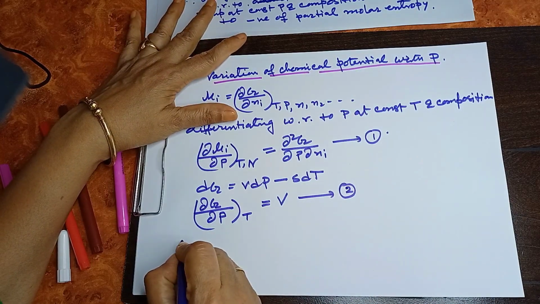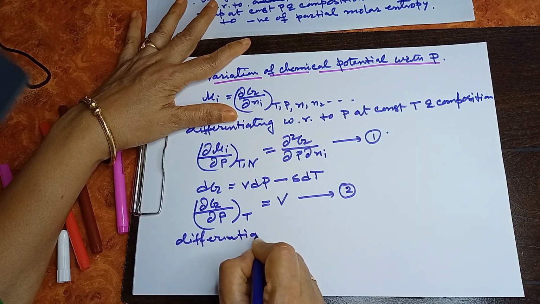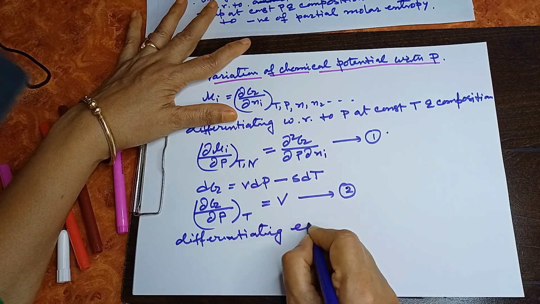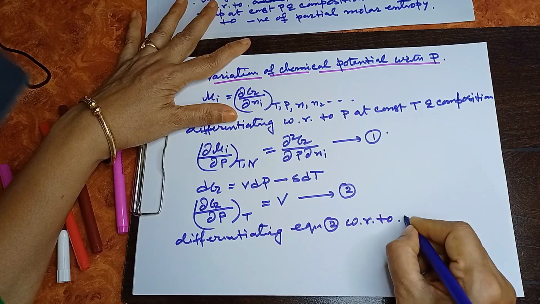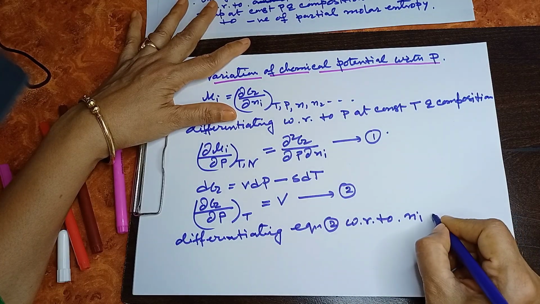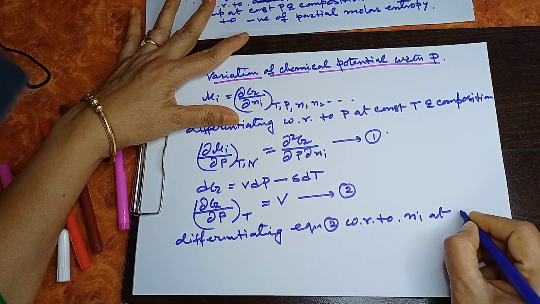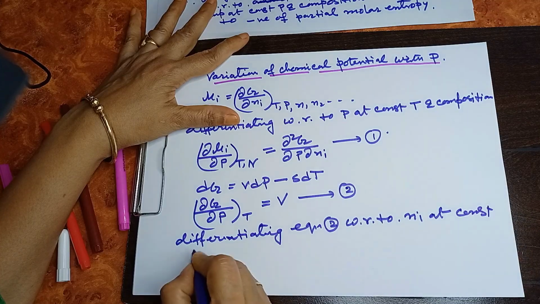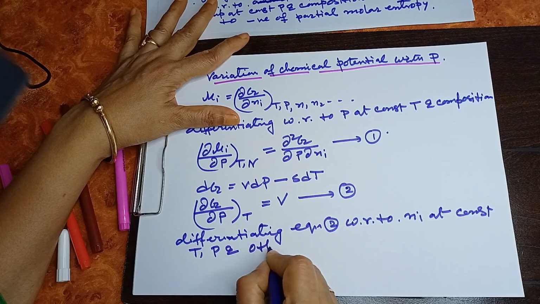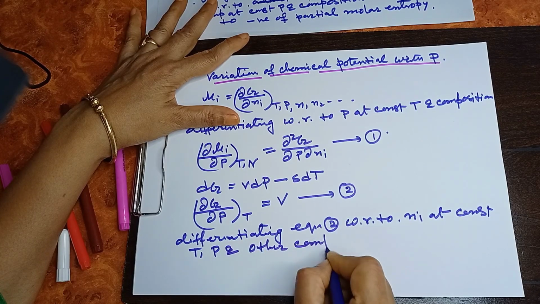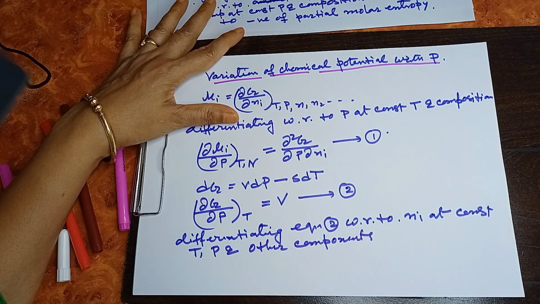Then what do I have to do? Differentiating equation 2 with respect to n_i at constant temperature, pressure and other components, meaning other compositions of the components.